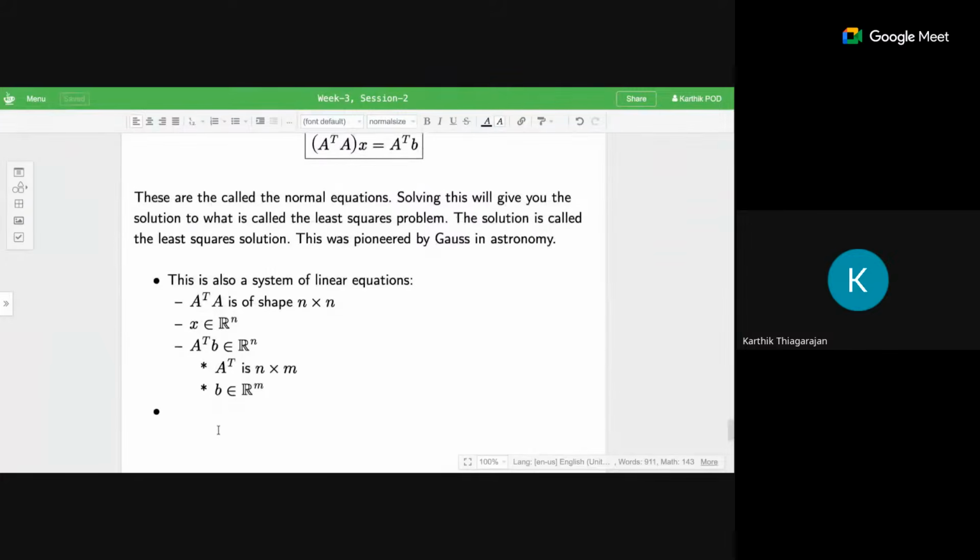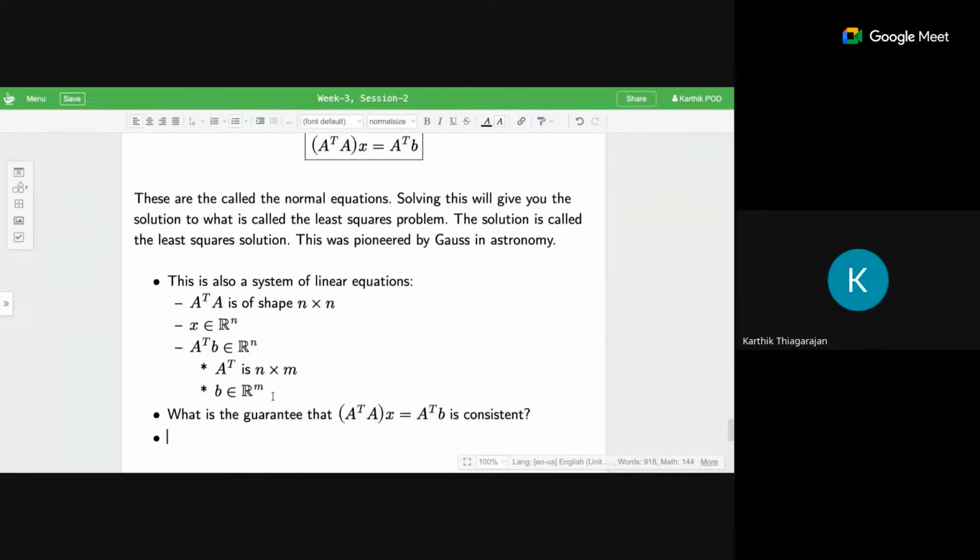So the question is, what is the guarantee that this A transpose A X equal to A transpose B is consistent? It's a very interesting question, and once again, you can show that the system is always consistent.